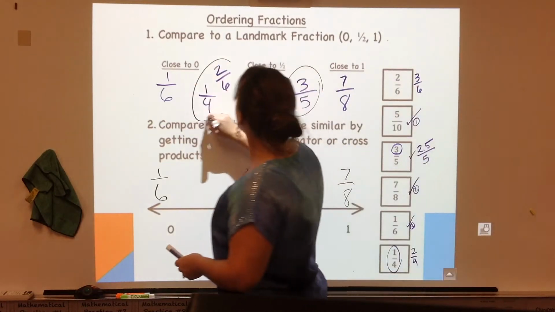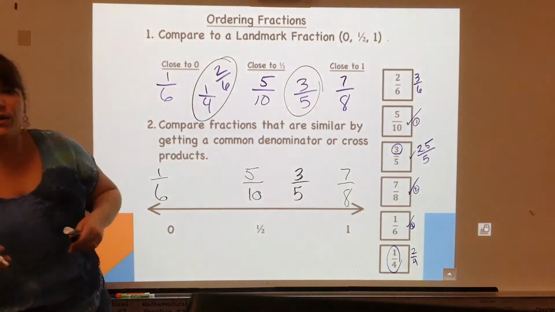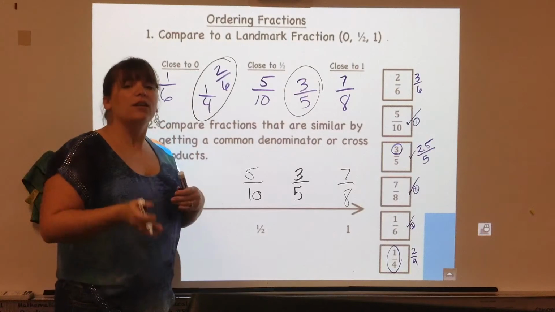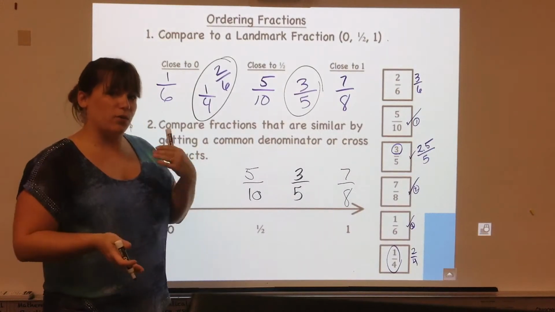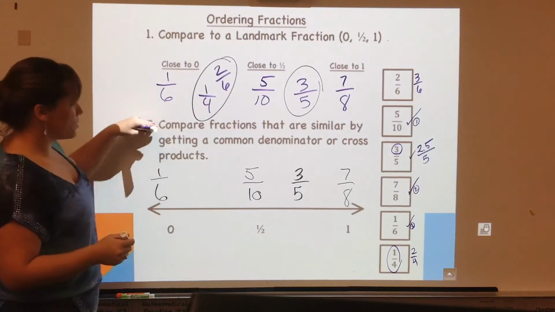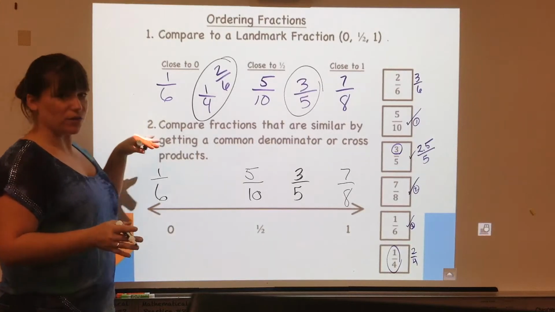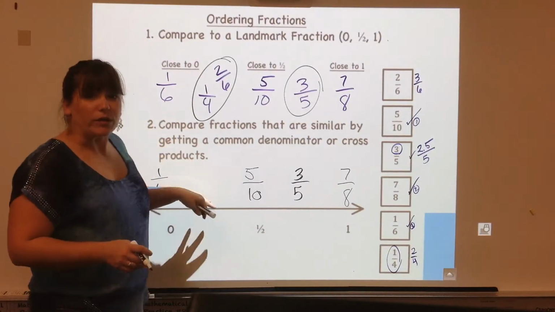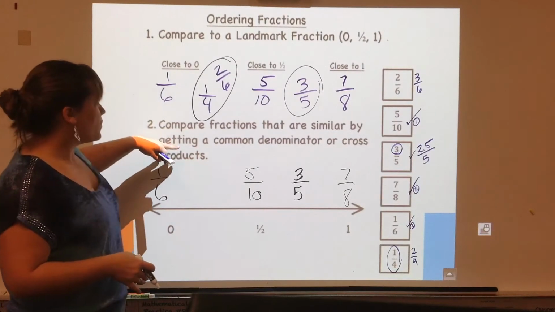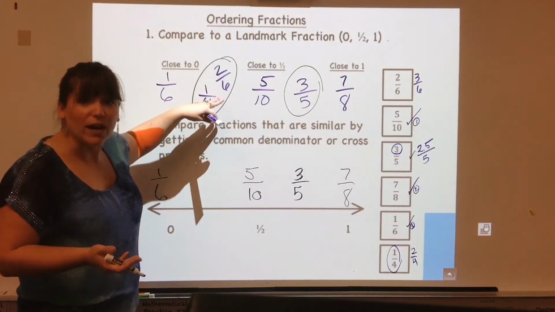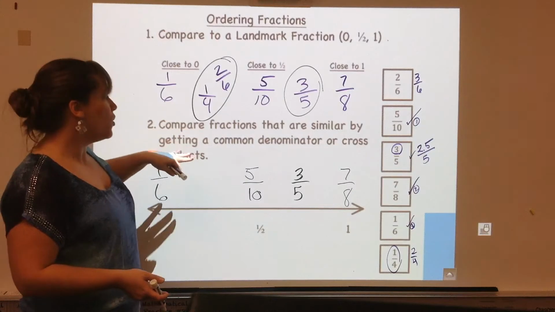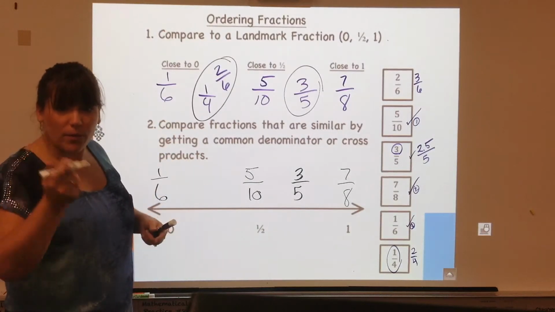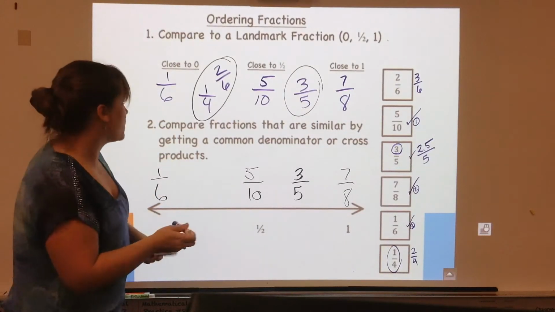But now we have an issue with these two. We don't know yet which one comes first, 1/4 or 2/6. They're close to each other on this number line, but we want to know which one comes first when we're ordering them. We could get a common denominator or do cross products like we did on the first part of the sheet.